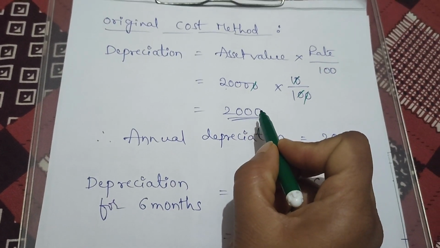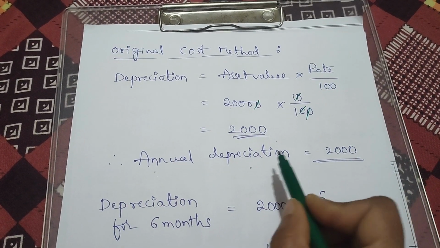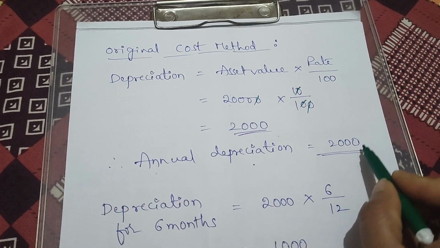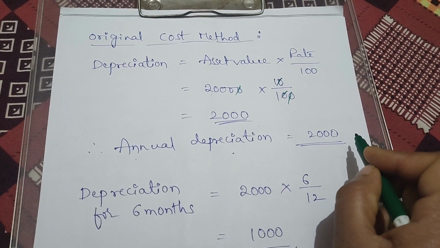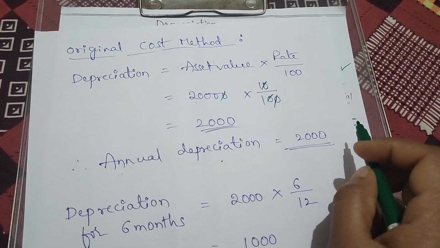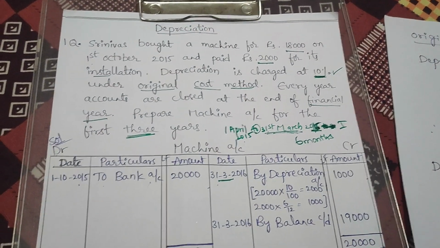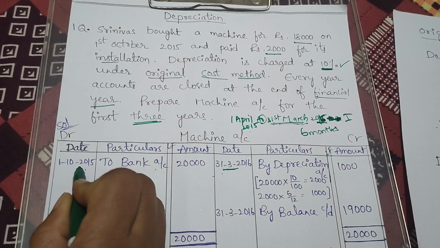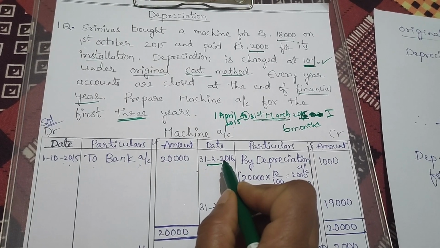But whatever depreciation we get here is known as annual depreciation, means 1 year depreciation. This 2,000 is depreciation for 1 year if the machine is used for 1 year. But during this year, the machine is purchased on 1st October and the closing date is 31st March. Only 6 months the machine is used.